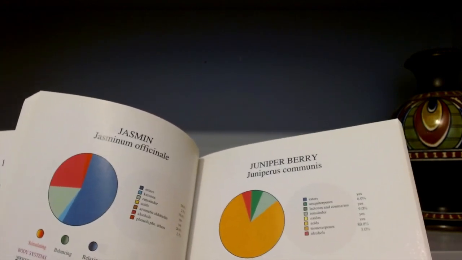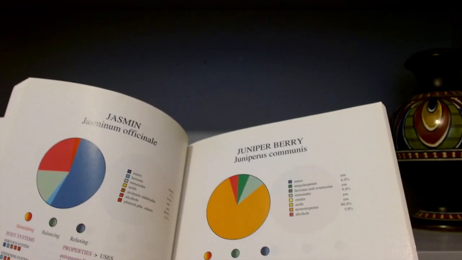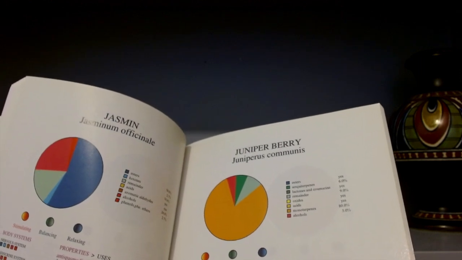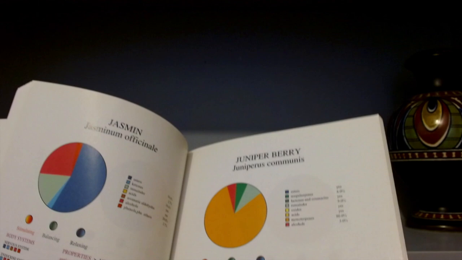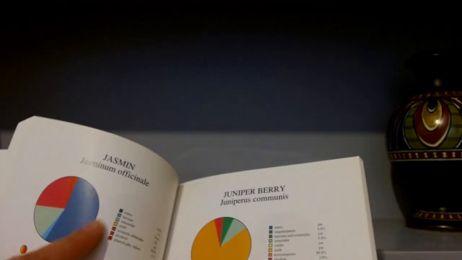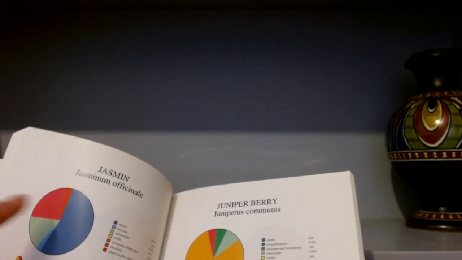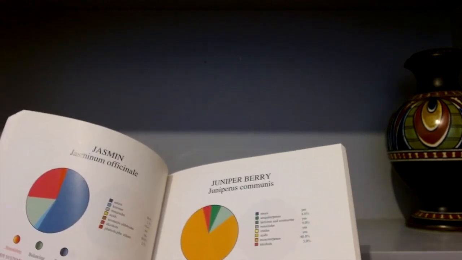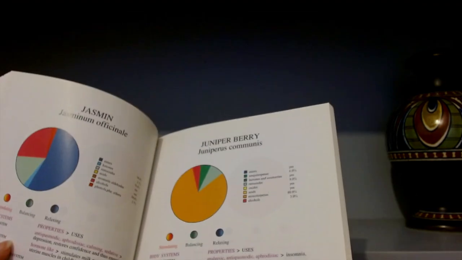You can see jasmine is mostly relaxing and balancing, although it does have some stimulating properties. So it can definitely have both. It's usually a combination of different things. But juniper berry over there is much more stimulating. So there I am, just explaining that.